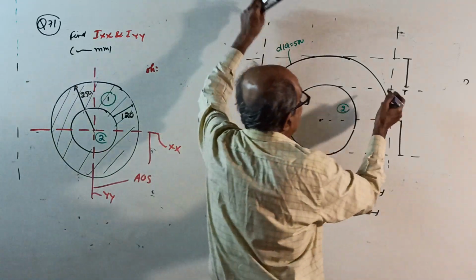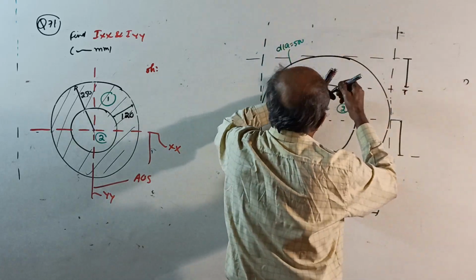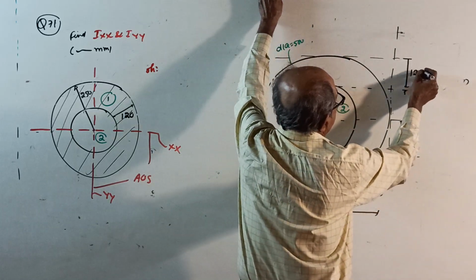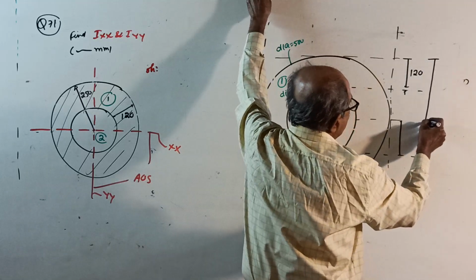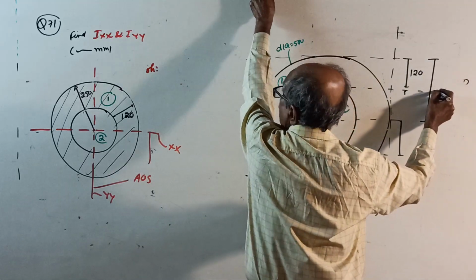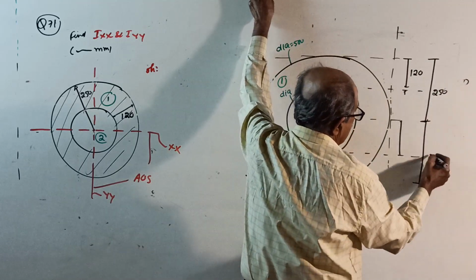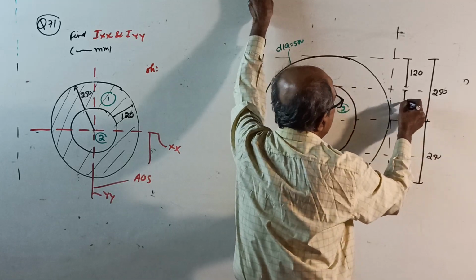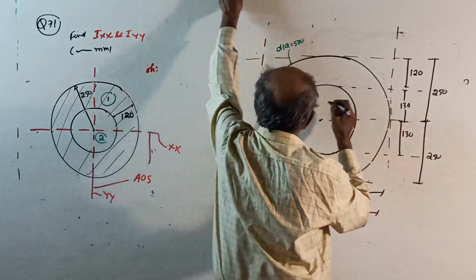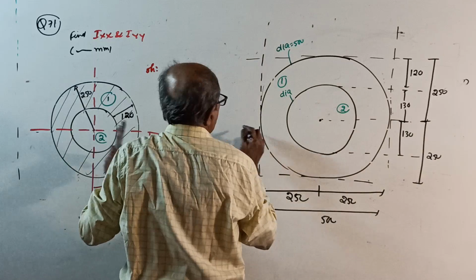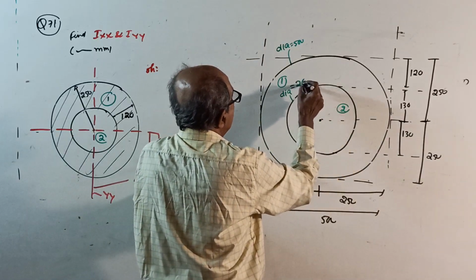If this is 120, and this full radius is 250 for the outer circle, then this will be 130. This also 130. So this diameter is 130 plus 130, total 260.